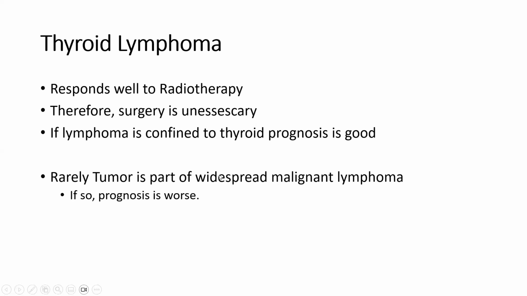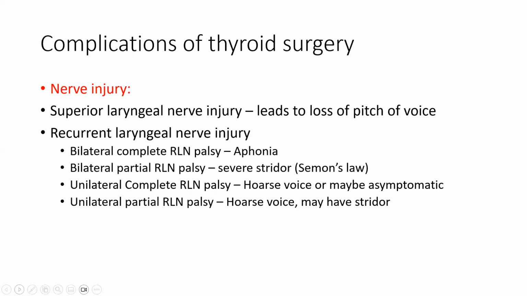But if there's widespread malignant lymphoma, like lymphoma in the thyroid with axillary lymph node enlargement and internal lymph node enlargement, the prognosis is worse. So those are the malignancies and summaries of the management.